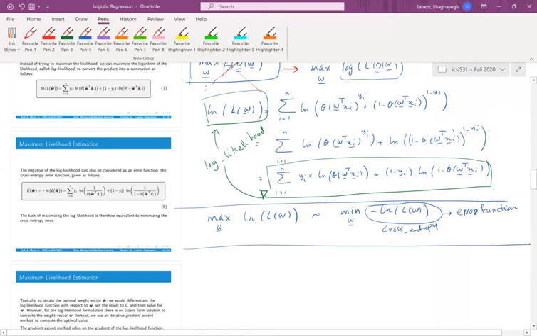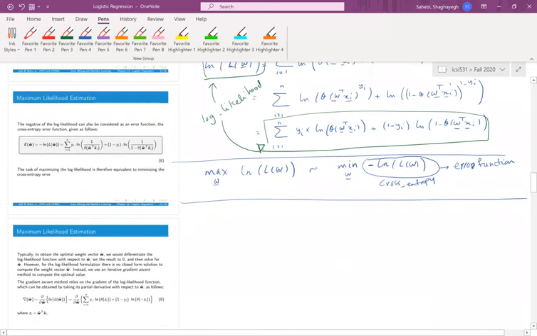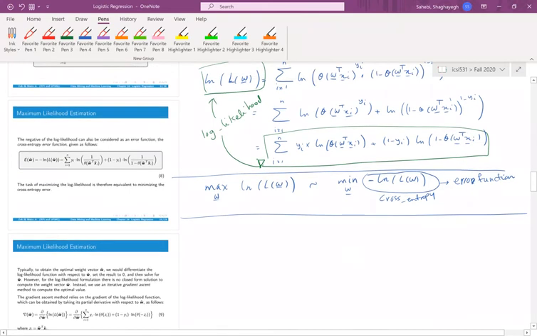Okay, now let's go back to our optimization problem, and let's see what we can do to find W. So far, what do we have?